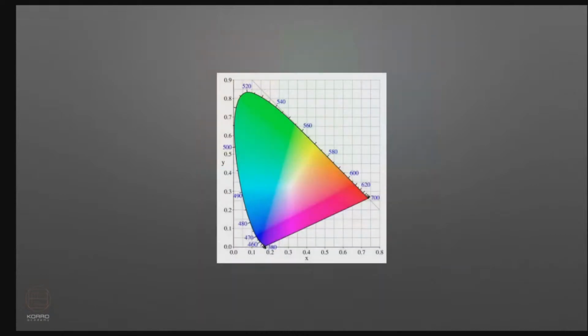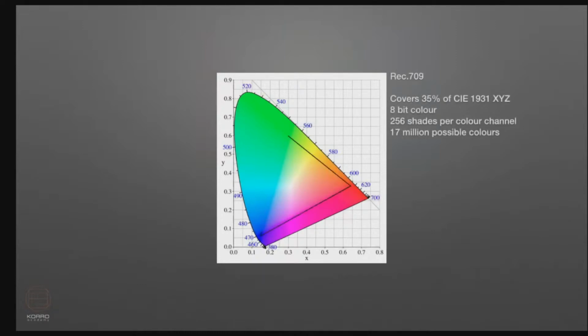We can also look at the way that color gamuts, color spaces evolve. This is known as CIE 1931 XYZ, and this is a very famous color gamut, because this is the colors that our eyes can see. What's very useful is to then plot on top of it the color spaces that are used in our imaging devices.